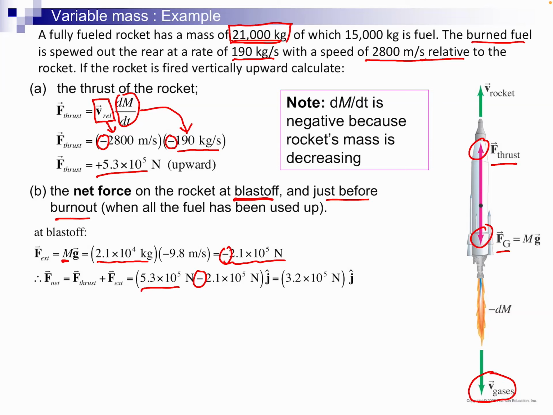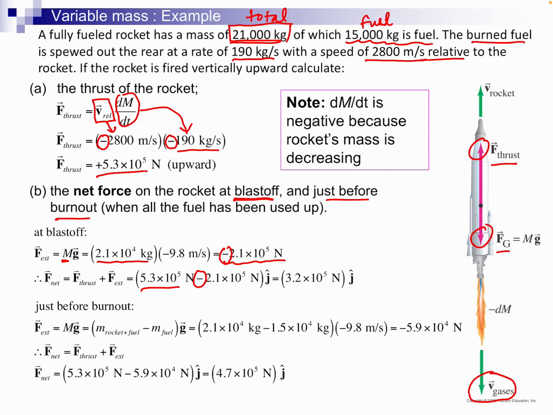The problem says 15,000 kilograms of fuel is included in this 21,000 kilograms of total mass. So this is total mass, this is fuel. If we use up all of the fuel, then the mass should remove the mass of the fuel.